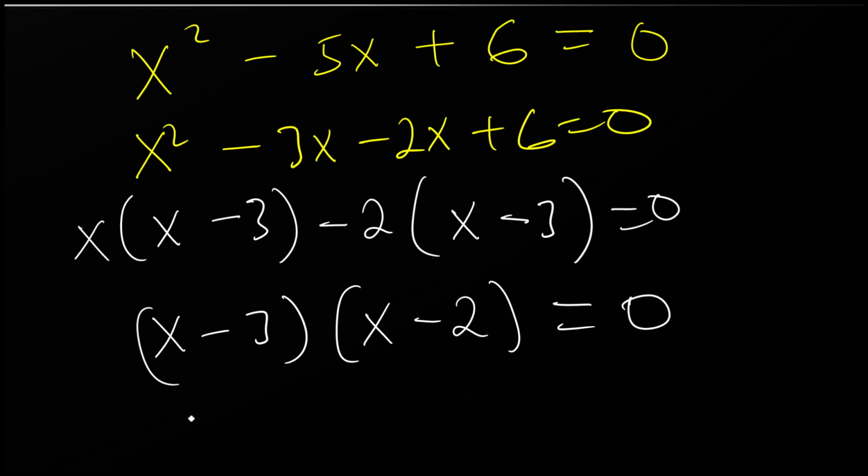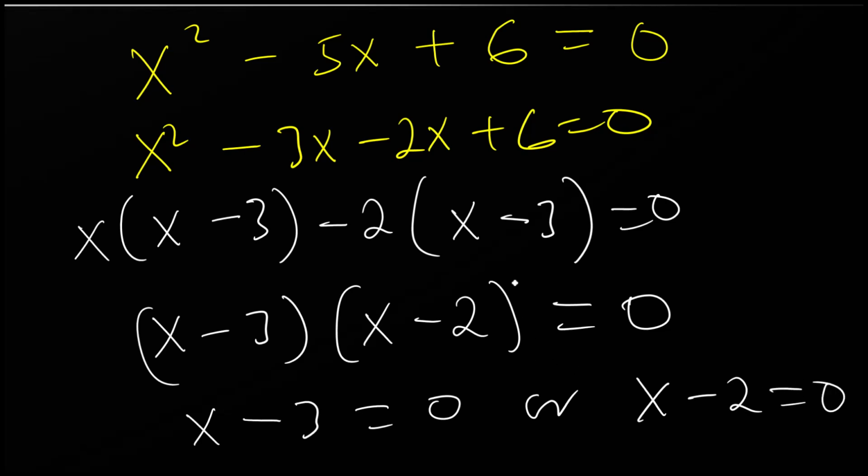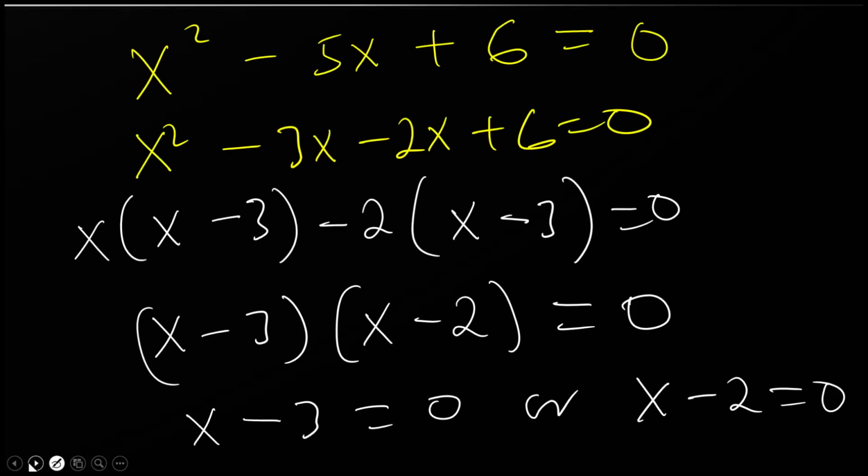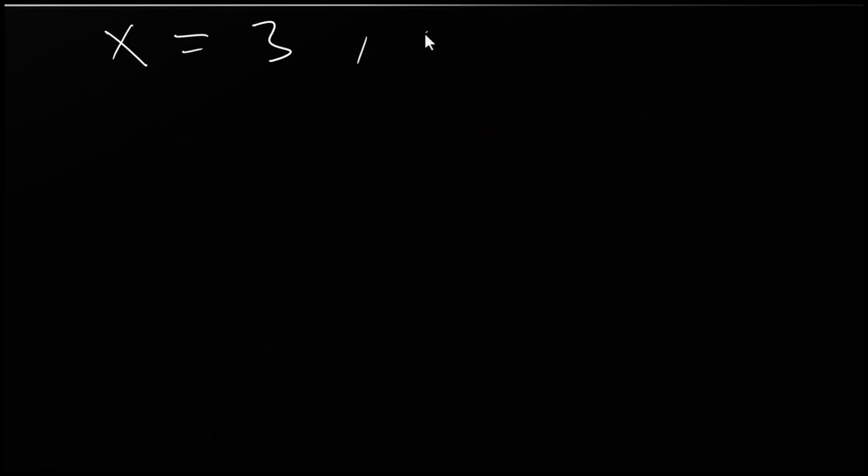So with a zero product, x minus 3 equals 0 or x minus 2 equals 0. So the first answer for x is 3 and x equals 2.